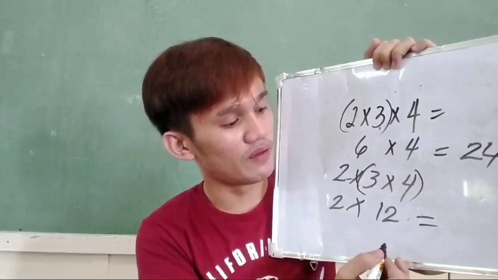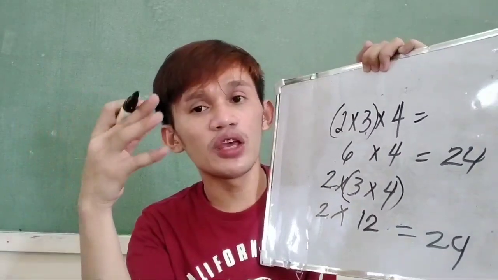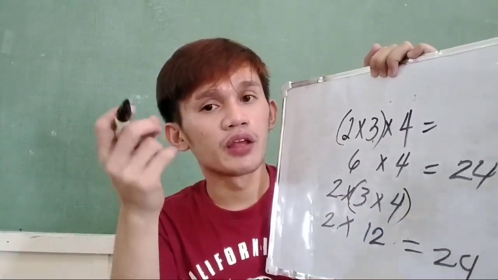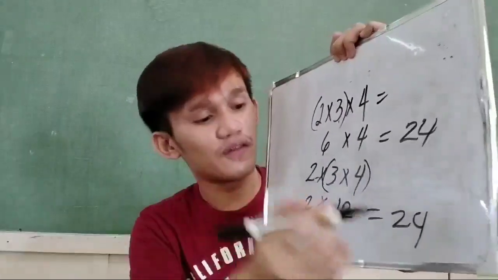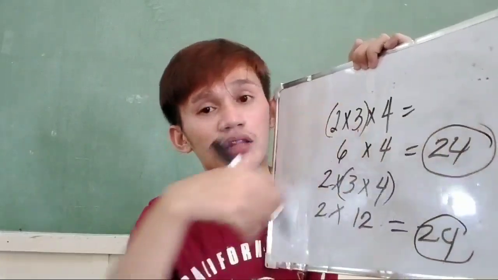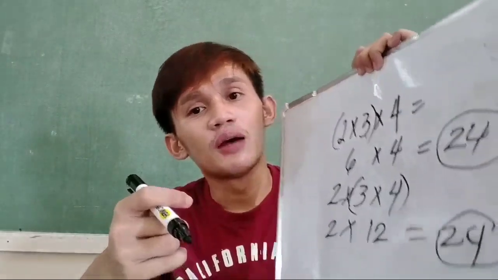And 2 times 12 is also 24. So even if we change the groupings of our numbers, it does not affect the product. They are just the same. And that is the associative property of multiplication. So moving on to the next property.